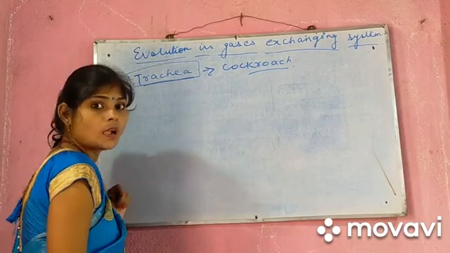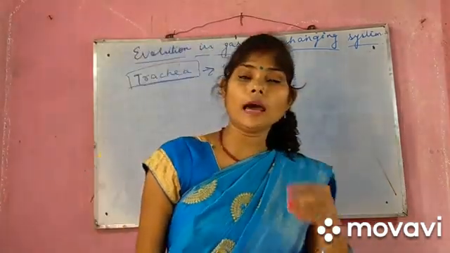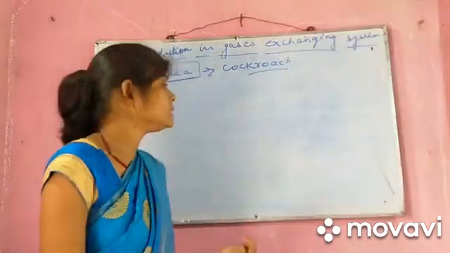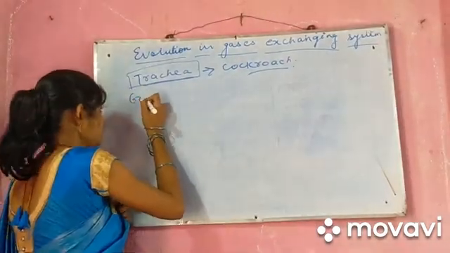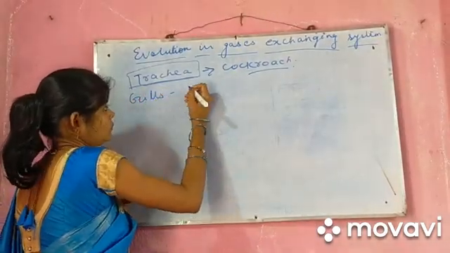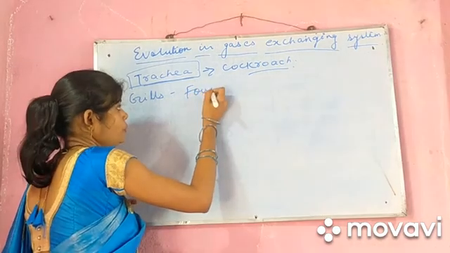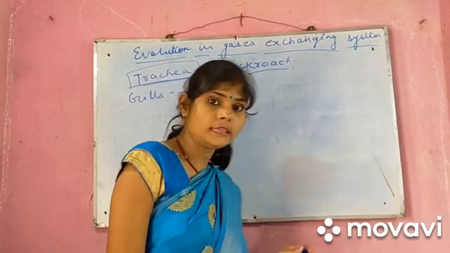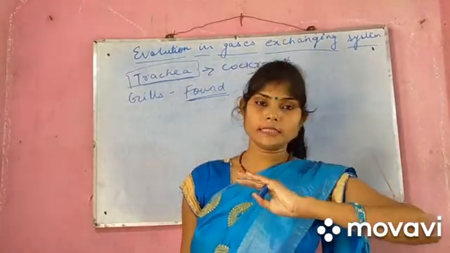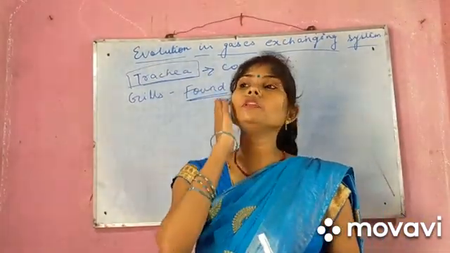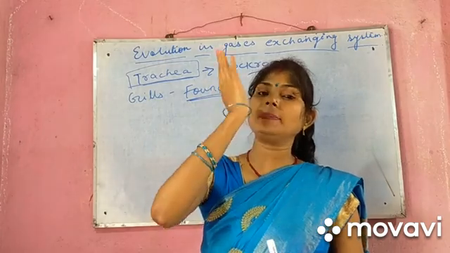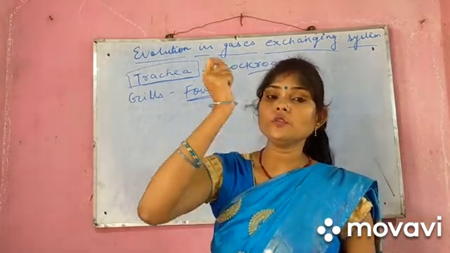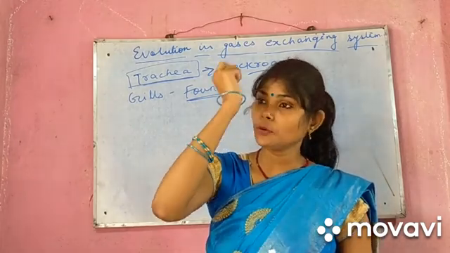If you go to some more higher animals, the respiratory organ is gills. It is found in fishes. You can see it very nicely when fish comes to your house. Just remove the operculum, the topmost flap-like covering at the mouth of the fish.